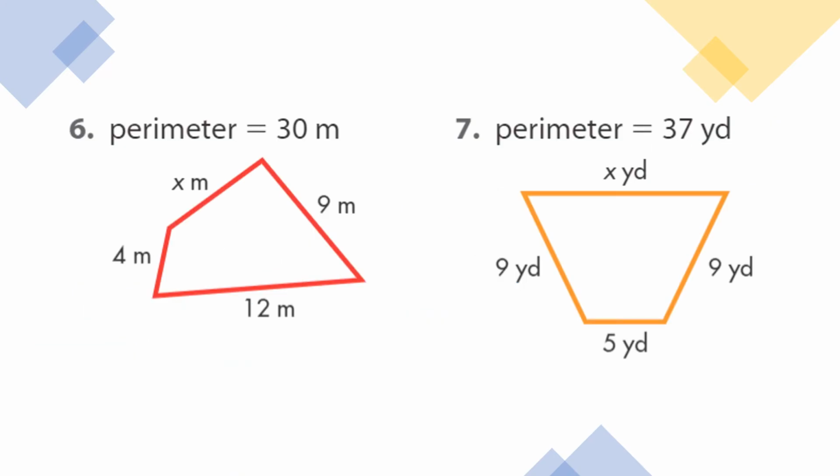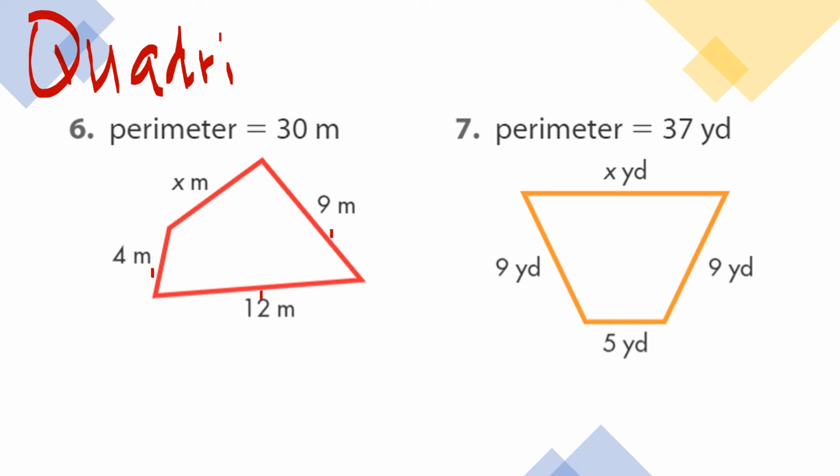Okay, my next slide, I have two problems here. One is going to be my perimeter of this interesting shape here. I have 1, 2, 3, 4 sides. So I know, on a side note, this is a quadrilateral. So it has 4 sides and it's going to have 4 angles.